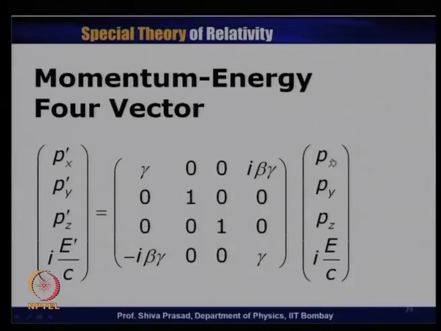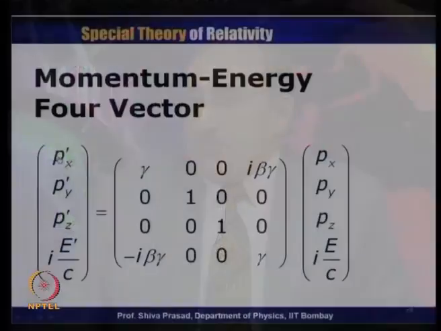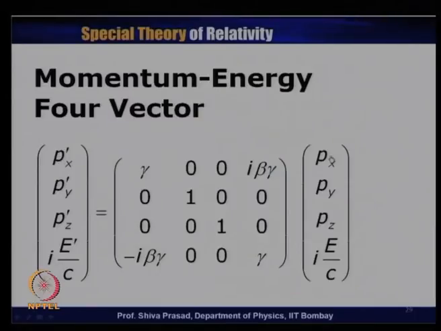So, if I have to transform the momentum, all I have to do is to expand this particular matrix. I can find that px prime will be equal to gamma times px plus i beta gamma times iE by c. Py prime will be py, pz prime will be pz, and iE prime by c will be equal to minus i beta gamma times px plus gamma times iE by c.